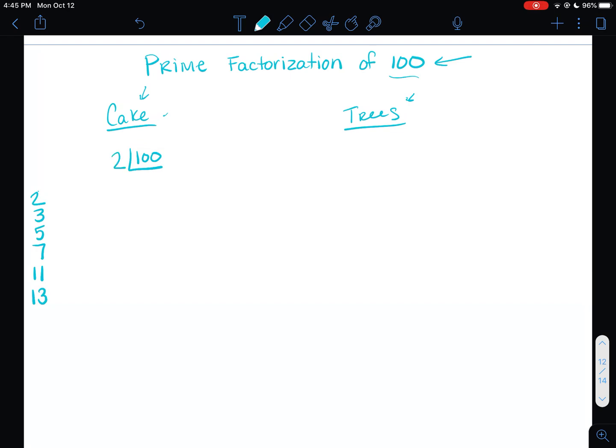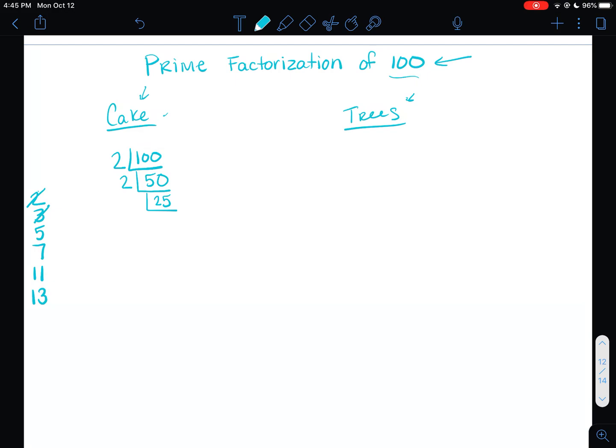It is, so 2 goes on the outside, and you do 100 divided by 2 is 50 in our next layer of cake. So keep going with 2 until it's not divisible by 2 anymore. So 50 is divisible by 2, so we're going to divide by 2 to get 25.